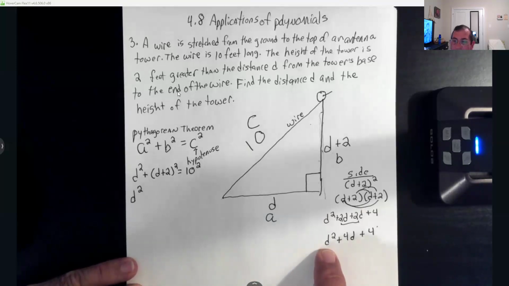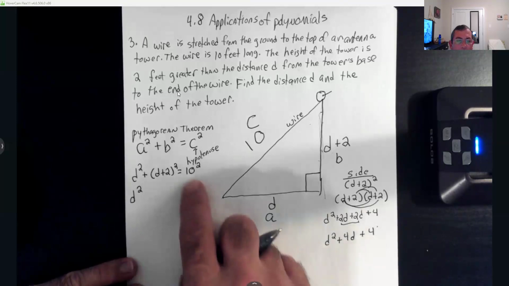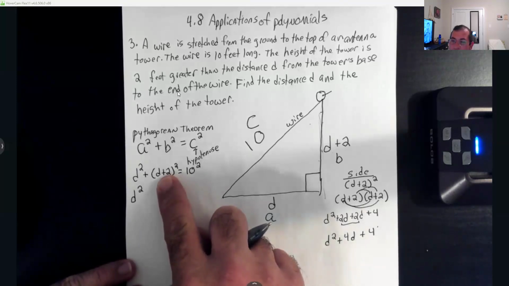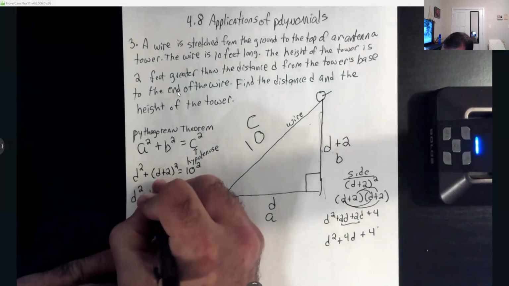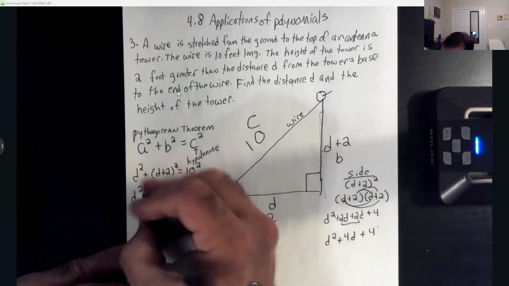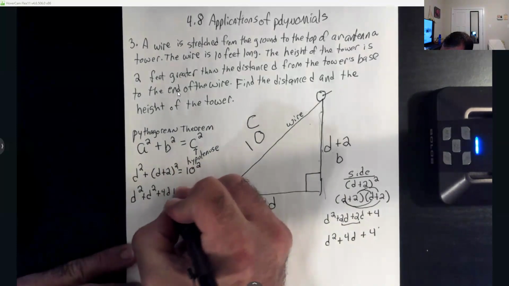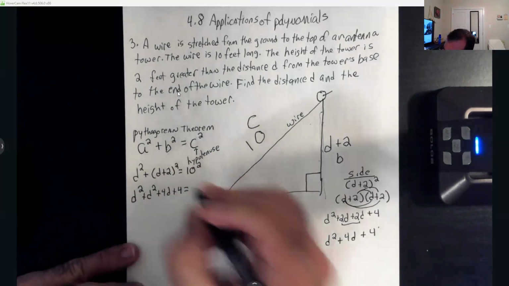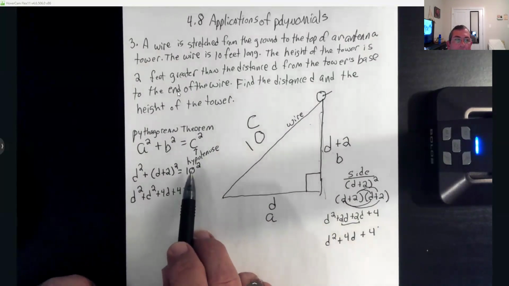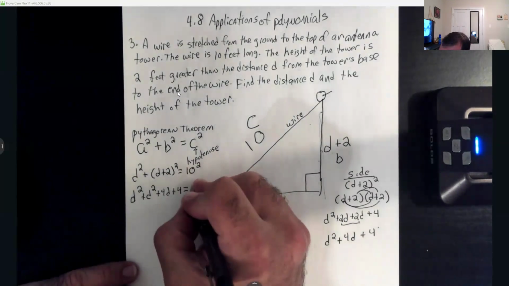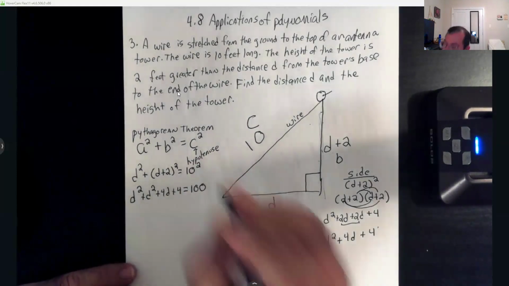All right, y'all. So this d squared plus 4d plus 4 is now going to replace the (d plus 2) squared over here. So that'll give me d squared plus 4d plus 4. That's going to equal the other side, which was 10 squared. Well, y'all, 10 times 10 is 100.